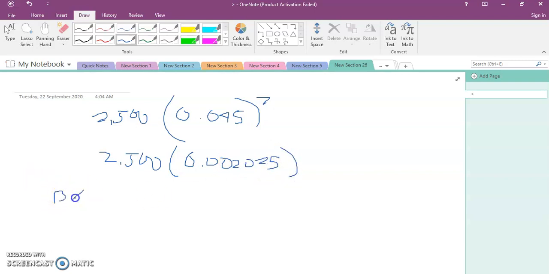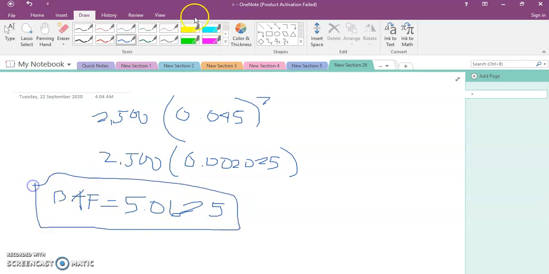So basal area factor is equal to 2,500 times 0.002025. The answer is 5.0625. That is our basal area factor.